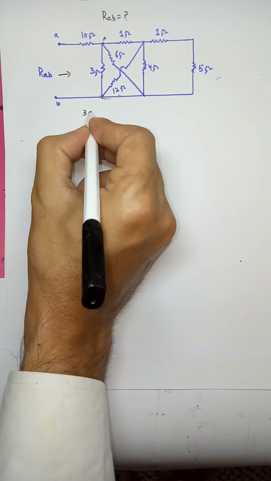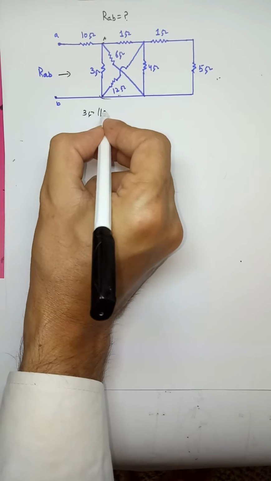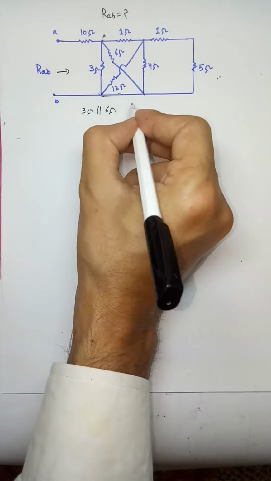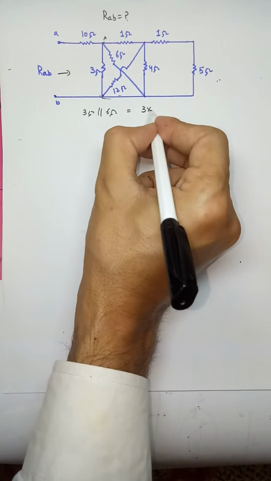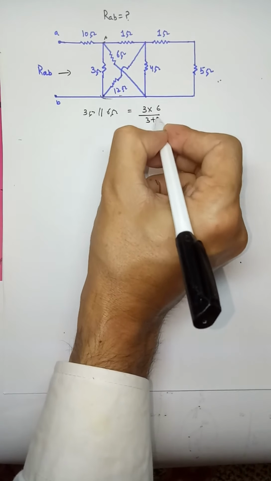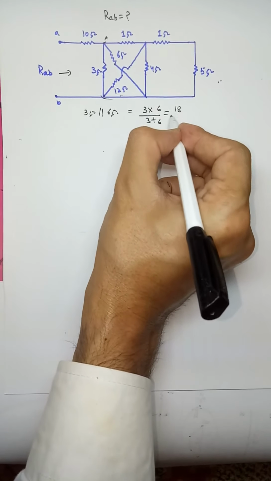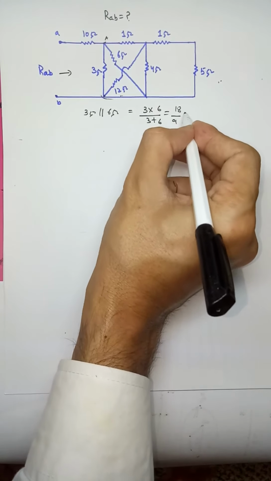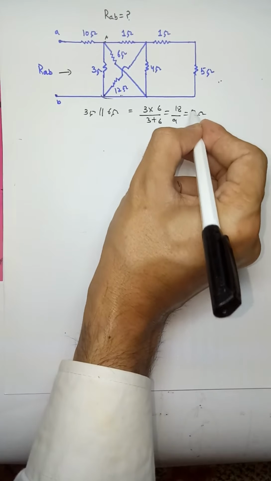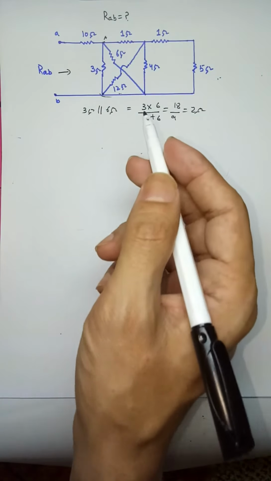So 3 ohm is parallel with 6 ohm, so you can simply multiply and divide it. This is 18 divided by 9, and you can get 2 ohm.